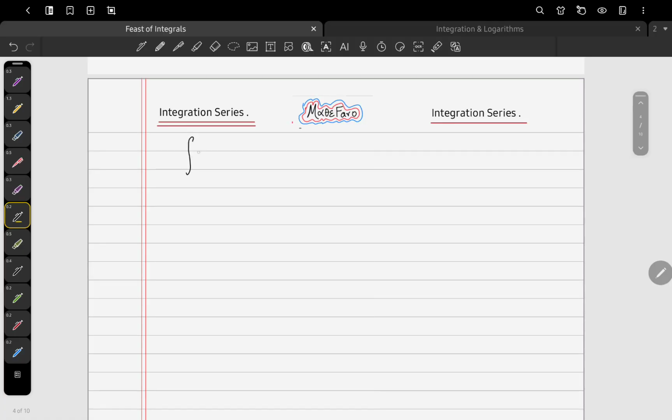So how do we integrate the fourth root of tan x with respect to x? Just like any other roots of tan x, to integrate this, the first thing we do is to make a substitution. So let u be equal to the fourth root of tan x.